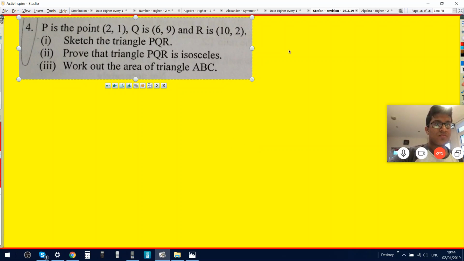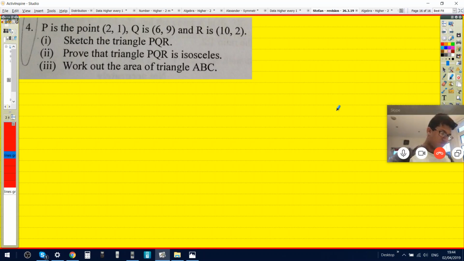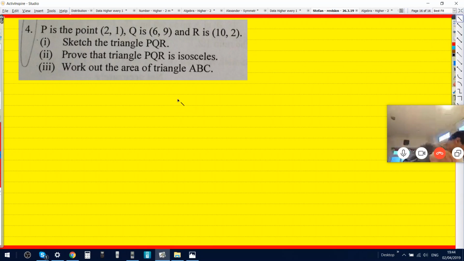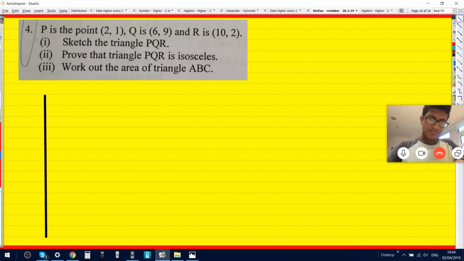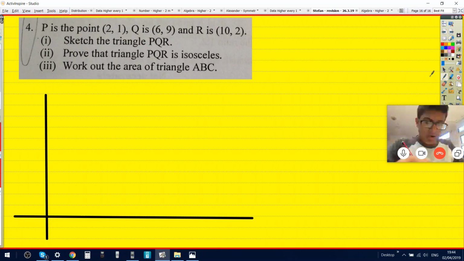So, how do you sketch the triangle? So we can. I'll draw the axes first.